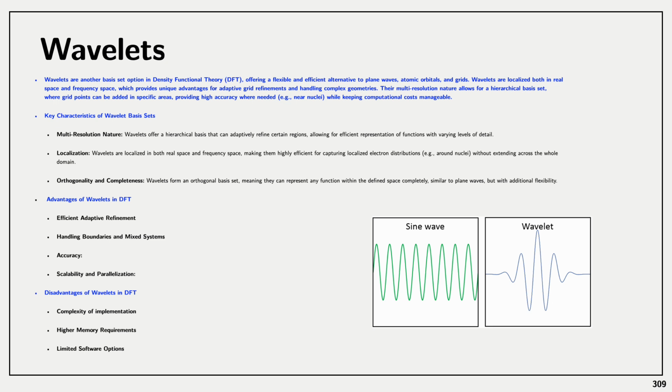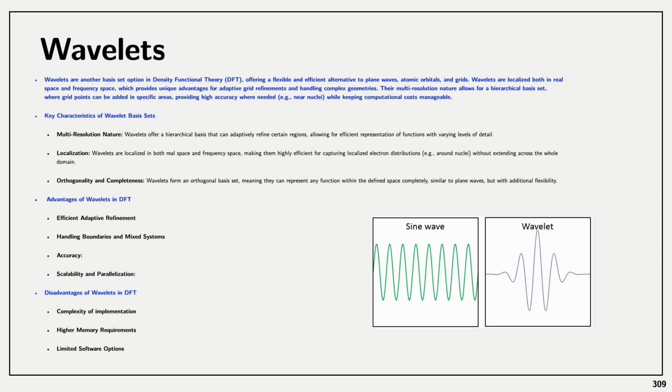What is the advantage of wavelets? As I said, it has the best of both worlds, but it also allows you to have what's called a multi-resolution. You can have areas of your simulation box that have a larger number of bases, more localized, less localized. You can imagine a mixture, for example, of a solid, a 2D material, a 2D surface, in addition to a molecule.